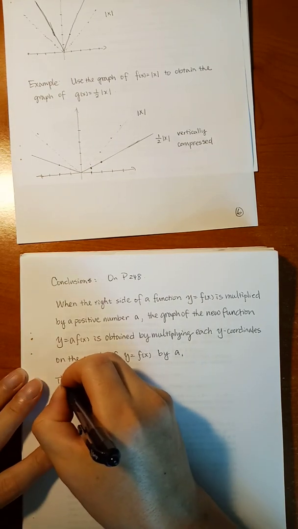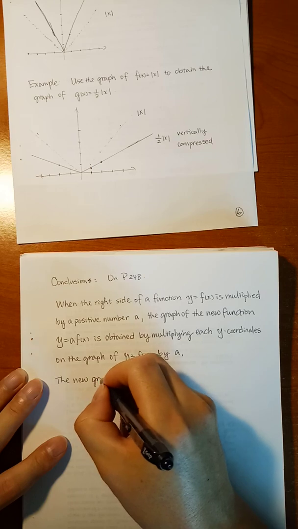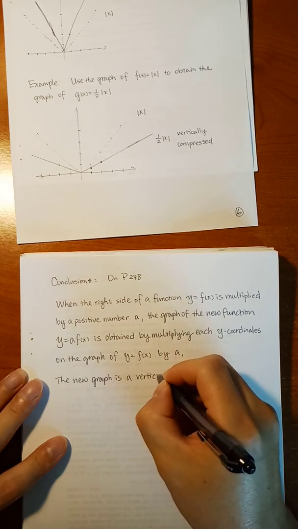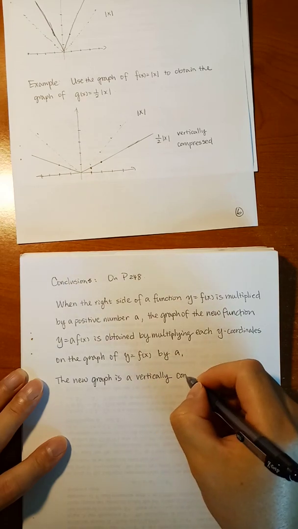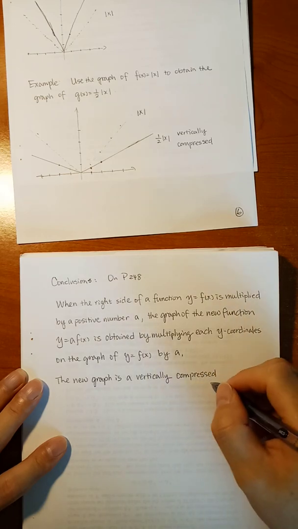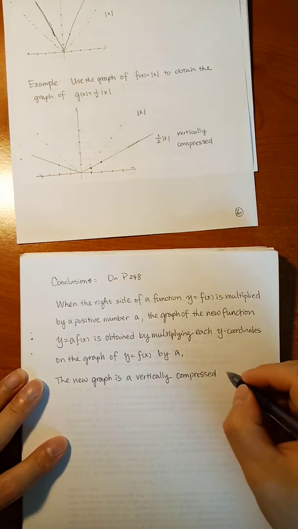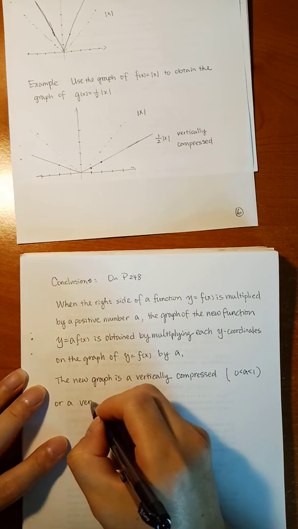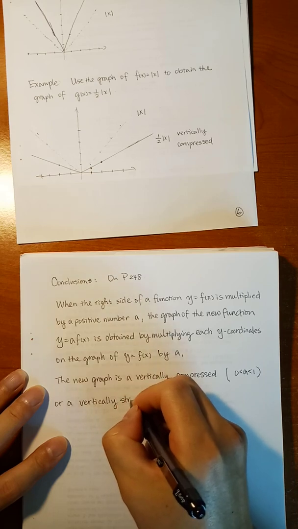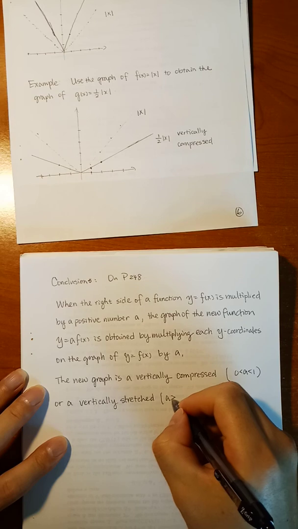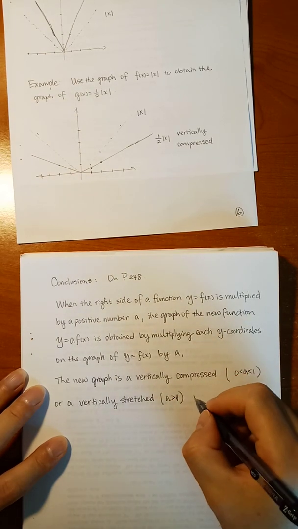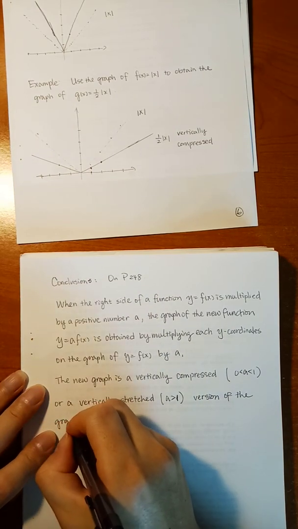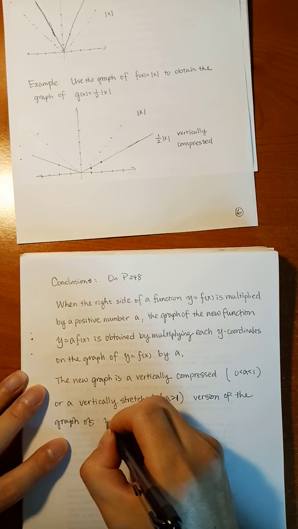Then the next sentence, the new graph is a vertically compressed version for A between 0 and 1, or a vertically stretched version if A is greater than 1, of the graph of y equal to f(x).